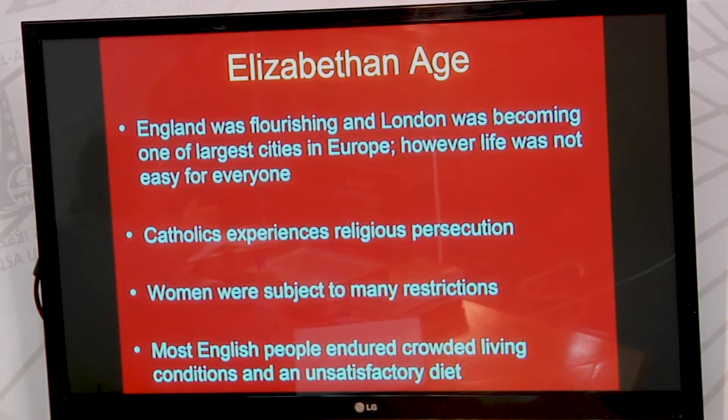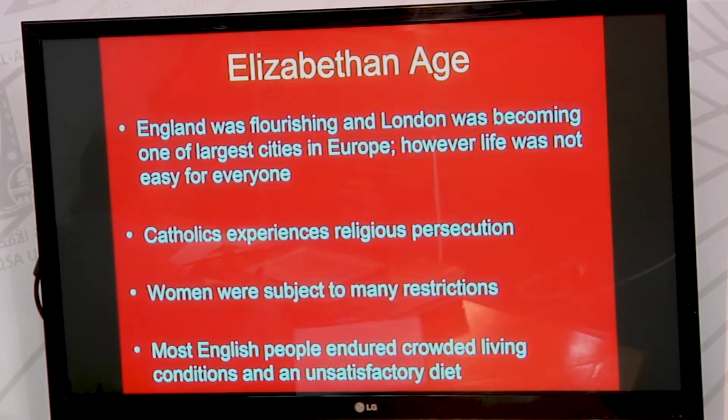Remember, they had just come out of the ages of wars, medieval times, and Catholics' experiences of religious persecution, because Britain was Protestant, okay, and it was turned into Anglican during the time of Henry VIII. They became Protestant, and Catholicism was under surveillance and persecution all the time.